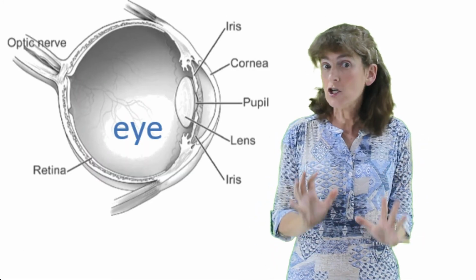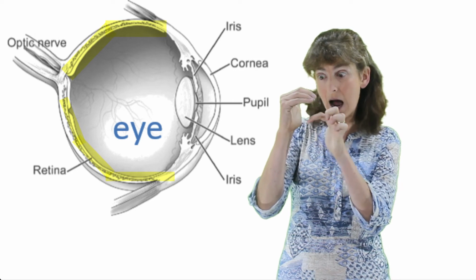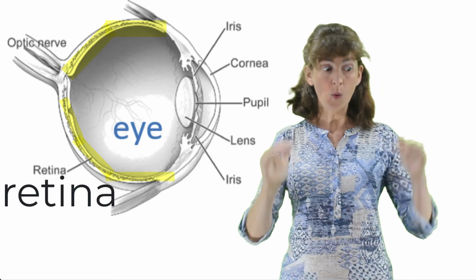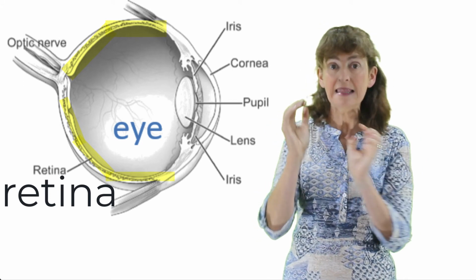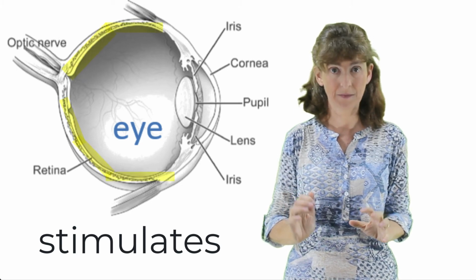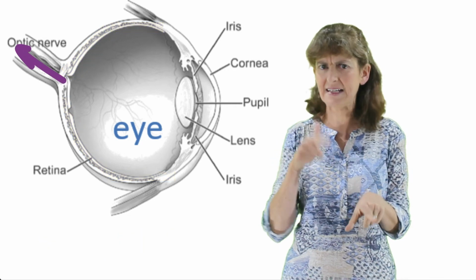There's a very special layer of cells all around the inside of the eye. That layer is called the retina. When light strikes the cells in the retina, the light stimulates those special cells in the retina. A stimulated retina cell sends off a message to the brain.